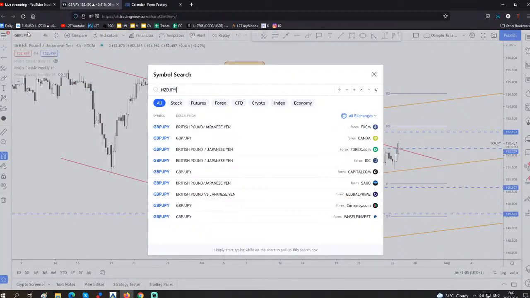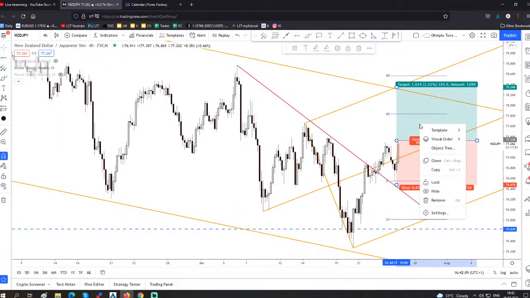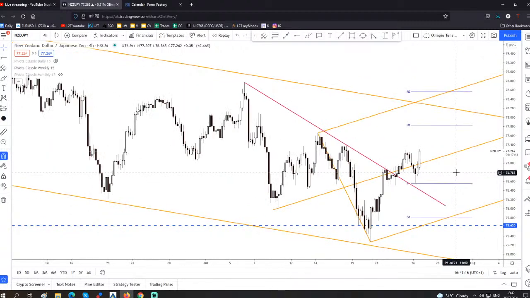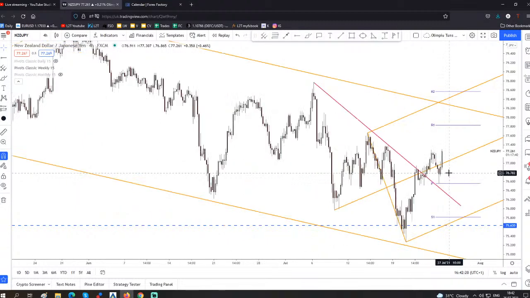New Zealand dollar versus the Japanese yen, I will also delete and hide that setup only because it was not a setup, it was only for me.